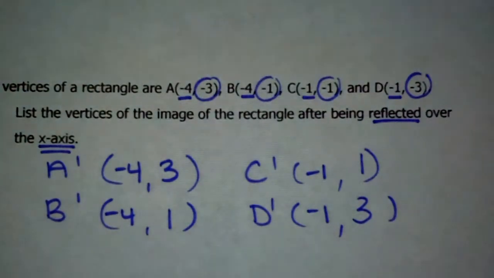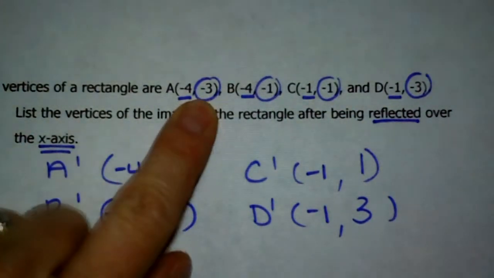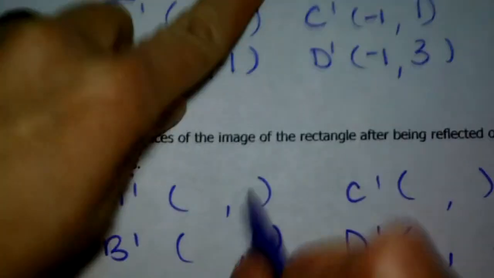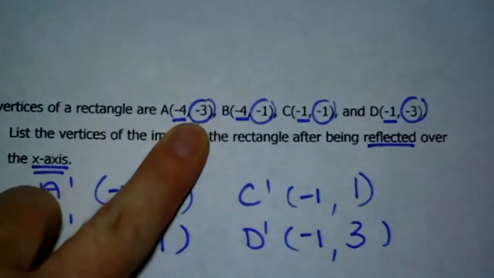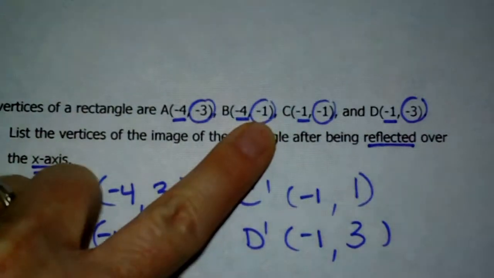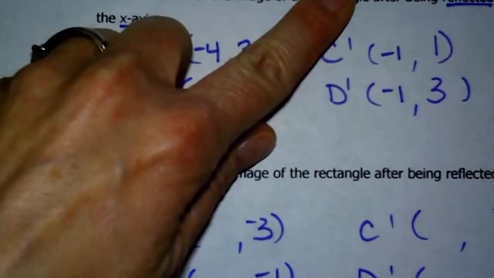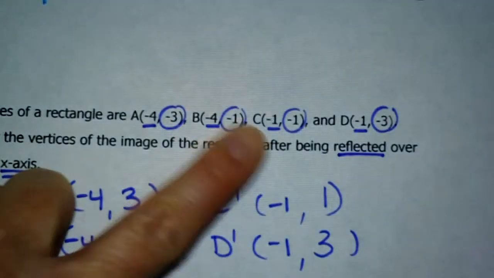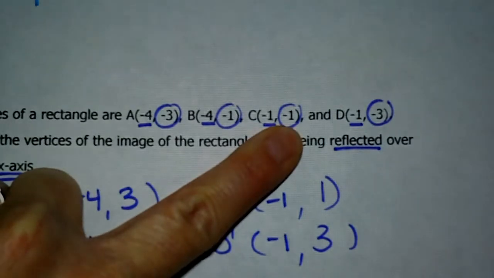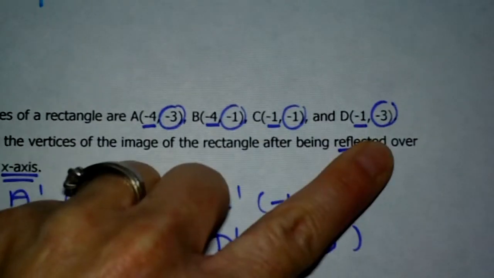So that means for A prime, my y is still going to be -3. For B prime, my y is still going to be negative 1. For C prime, my y will still be negative 1. And for D prime, my y is still going to be negative 3.